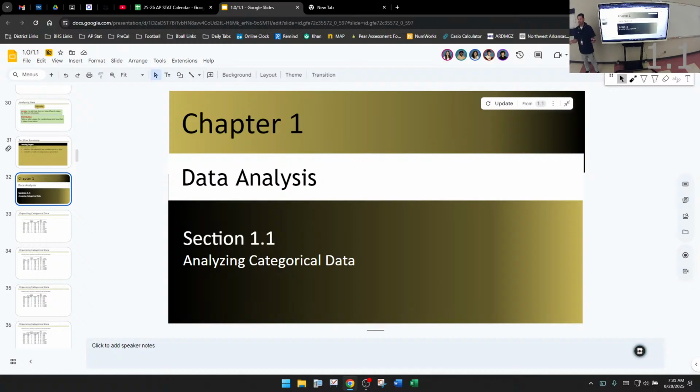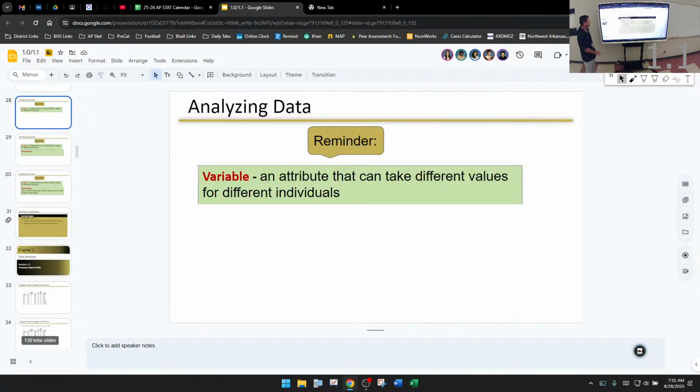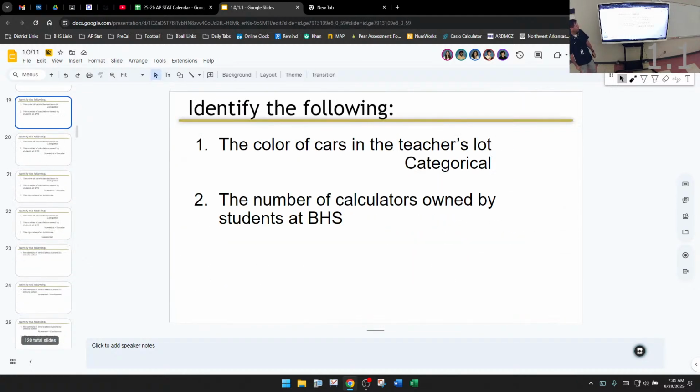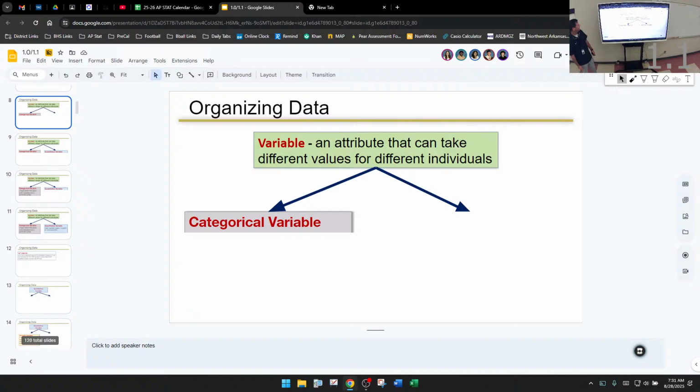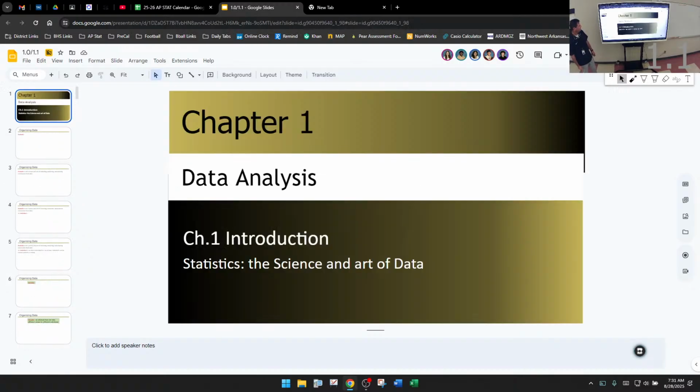Also, insight, kind of focus on ideas. Our book actually starts off with a 1.0, introduction.